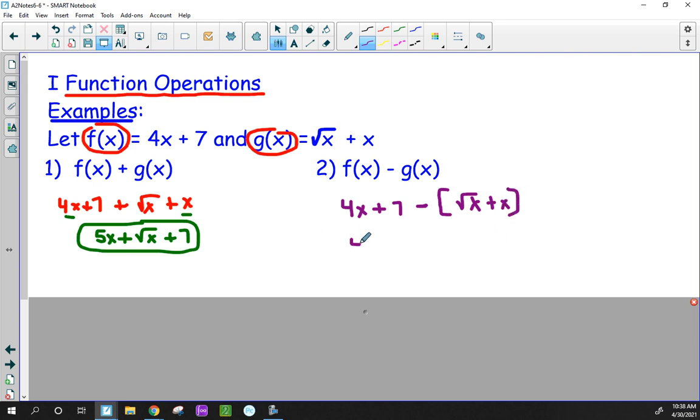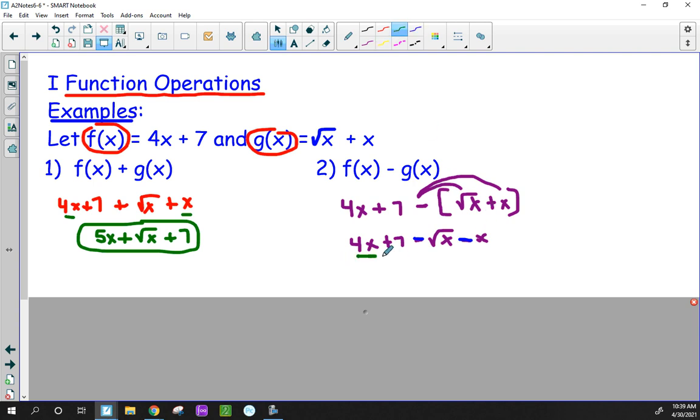Then, next line, you would show the next step, 4x plus 7 subtract off the square root of x, and then change the sign of the positive x to a negative. So essentially, just a quick reminder, what a minus or subtraction problem does is it changes the signs of everything behind it, and I've highlighted those in blue.